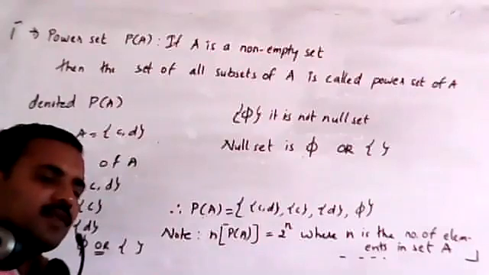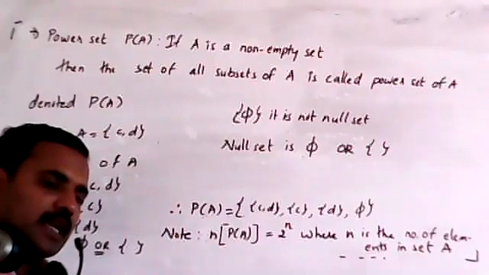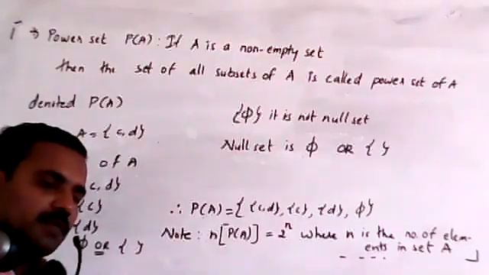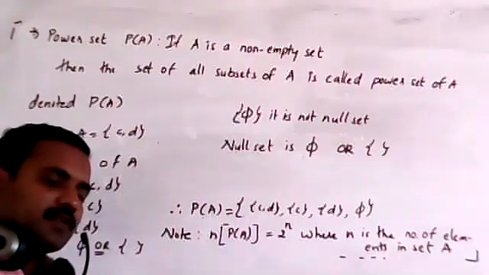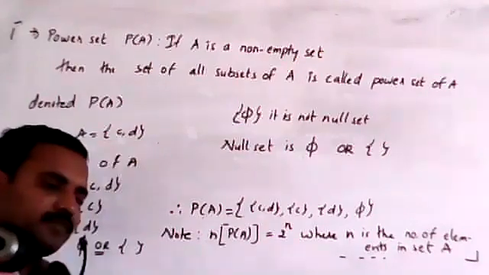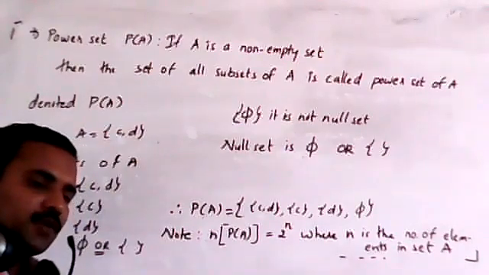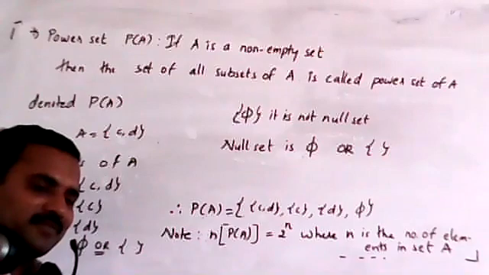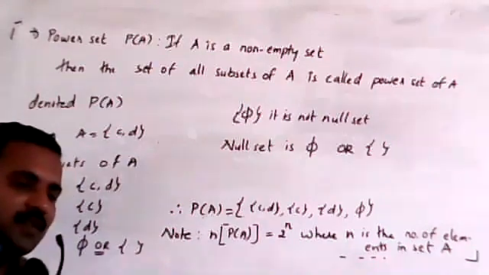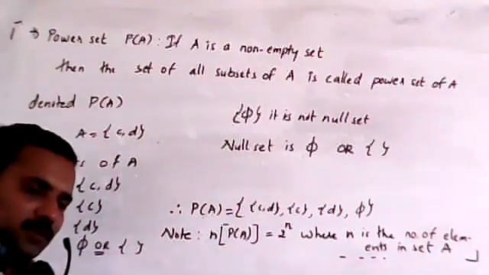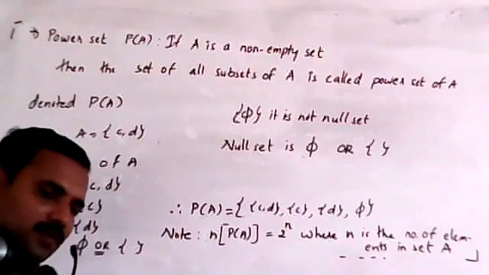Suppose the number of elements in a set is 10, then how will you write it? 2 to the power of 10. That means you multiply 2 into 2 into 2, 10 times, right? Now, that is nothing but 32 into 32, right? Very good.